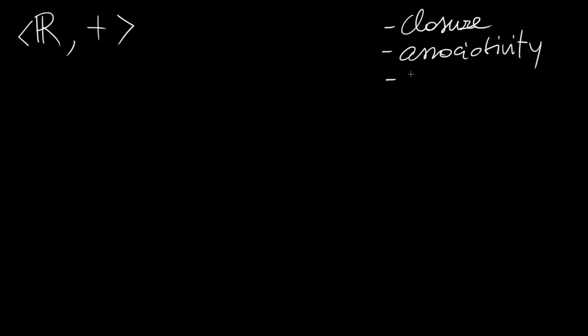There are three main properties to check of the group, but in reality, in order to prove that a set equipped with an operation is a group, there are four things that we have to check: closure, associativity, identity, inverse.